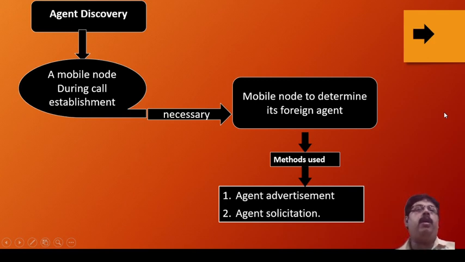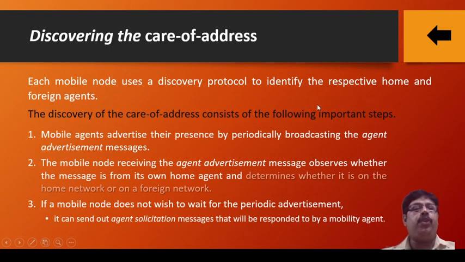When a mobile node wants to establish the connection, it uses two methods. One is agent advertisement and another one is agent solicitation. As we know, this topic we have discussed for discovery of mobile nodes or corresponding nodes. In that, the agent advertisement is done. That is what is mentioned here.